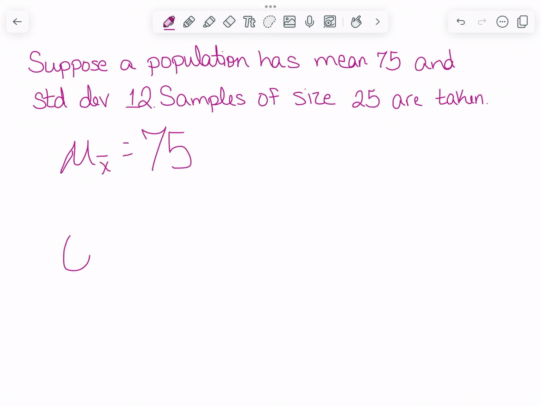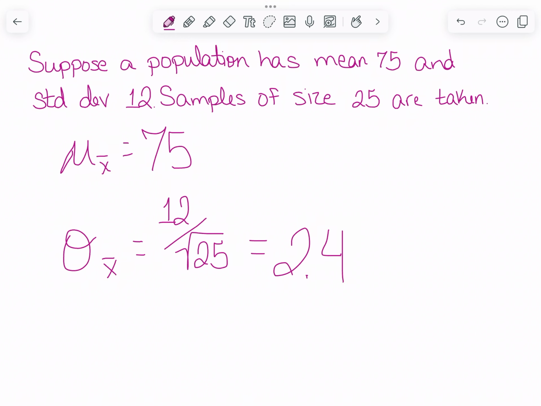That will not change. But my standard deviation will be the original standard deviation divided by the square root of the sample size, or 2.4. So I'm able to find both the mean and the standard deviation of these sampling distributions as long as I know the mean and standard deviation of the original population and I know how big my samples are.